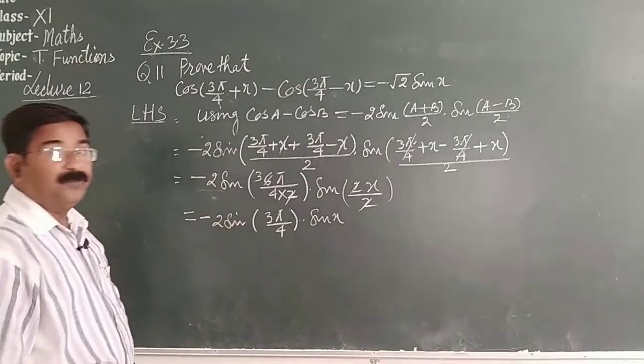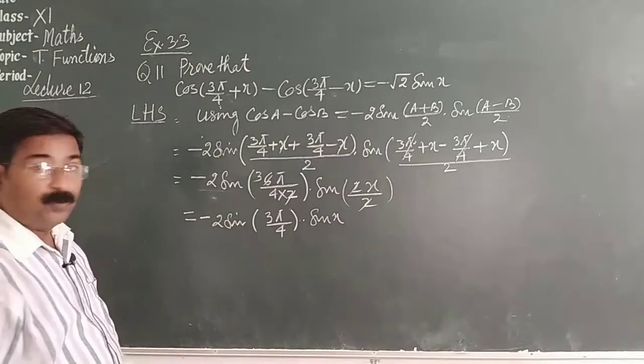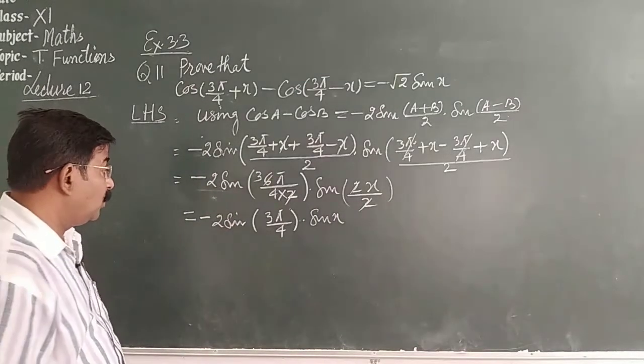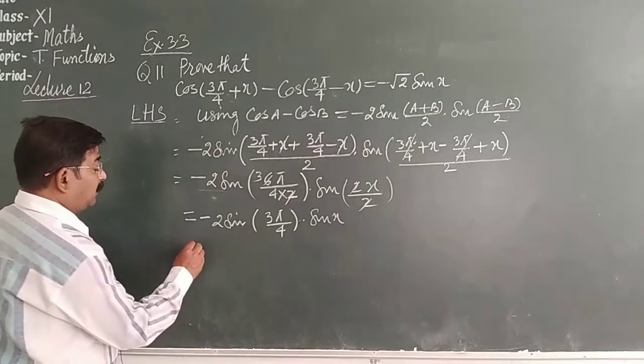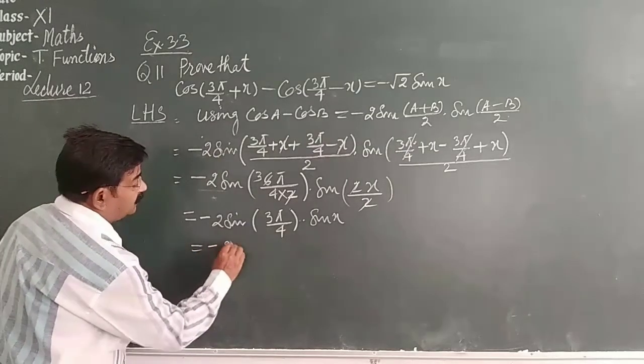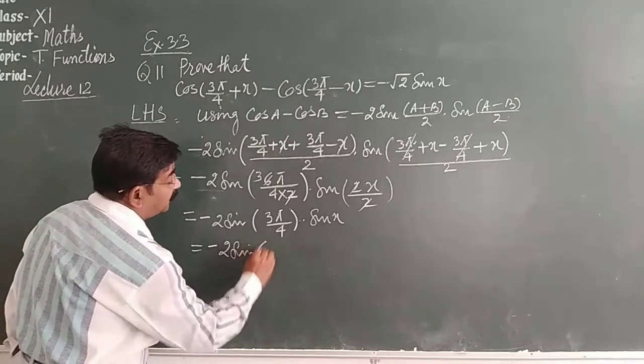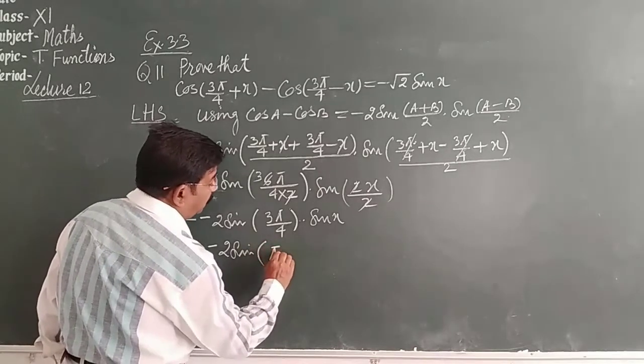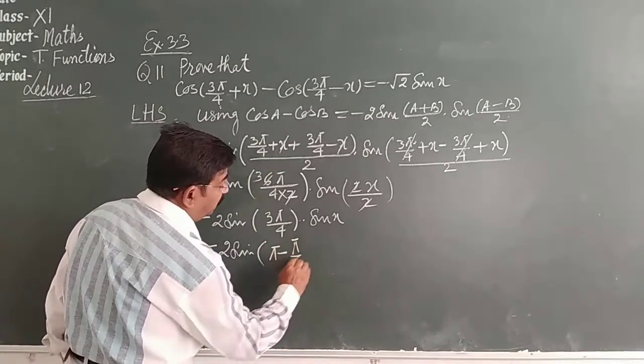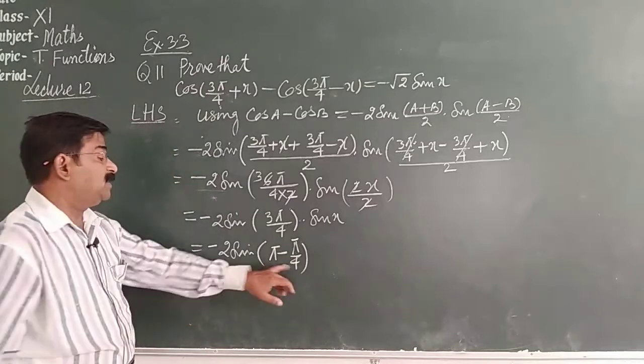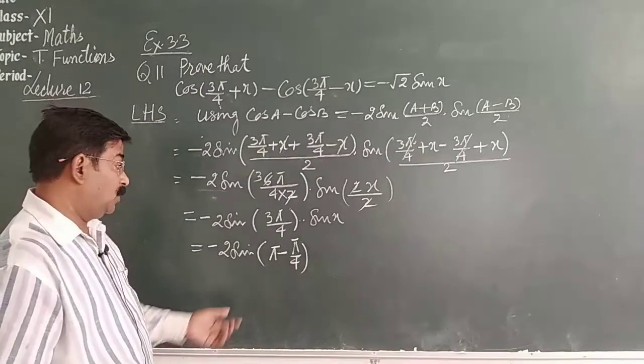This 3 pi by 4, we have to find the value. 3 pi by 4, what is it? This can be broken as minus 2 sin pi minus pi by 4.